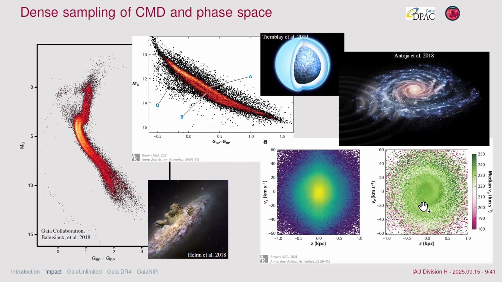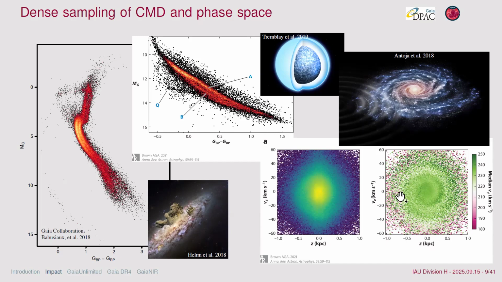And you can use diagrams like this to try to infer, for example, when this interaction happened. And of course, there are many, many complications behind all of that. But again, it's the fact that we now have such a dense sampling of the phase space of the Milky Way and the HR diagram that you can start to uncover these very subtle features that are otherwise very difficult to spot.